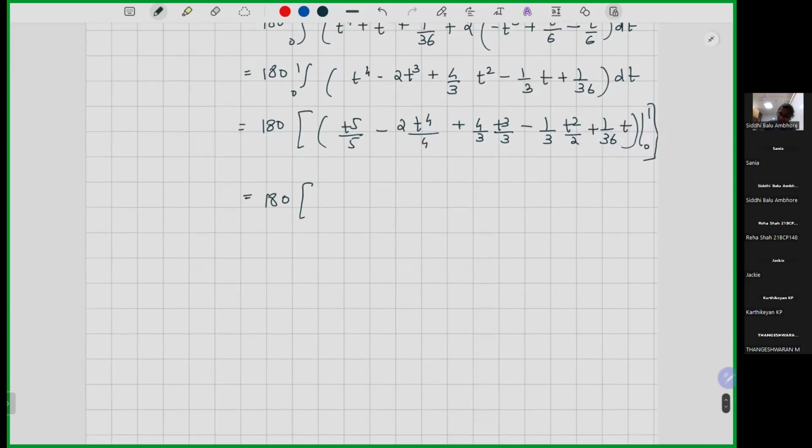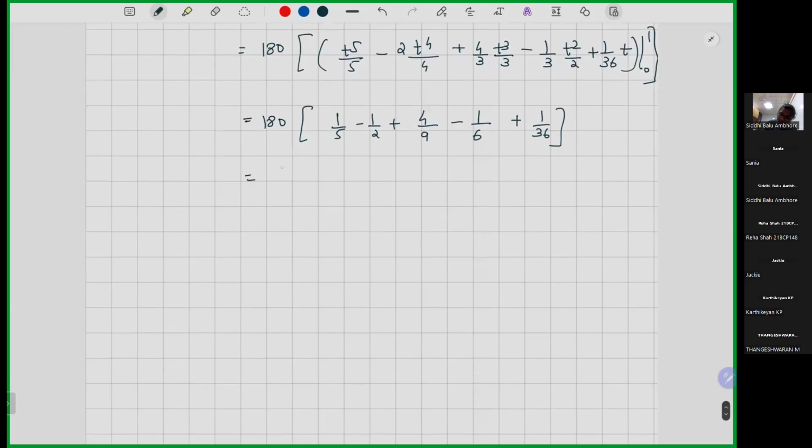And we can see that it will ultimately give us 1 by 5 minus 1 by 2 plus 4 by 9 plus this 0. We do not need to substitute here, because it will anyway give us 0. This is 1 by 6 minus 1 by 6 plus 1 by 36.